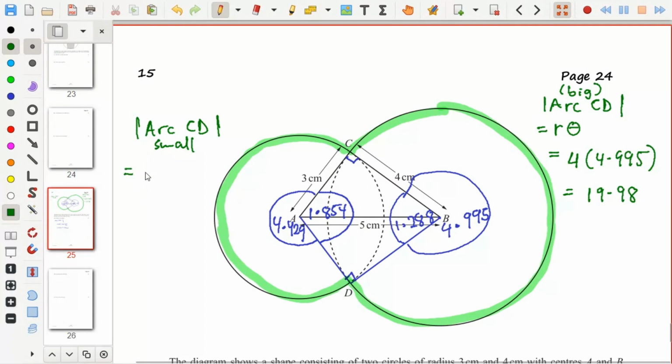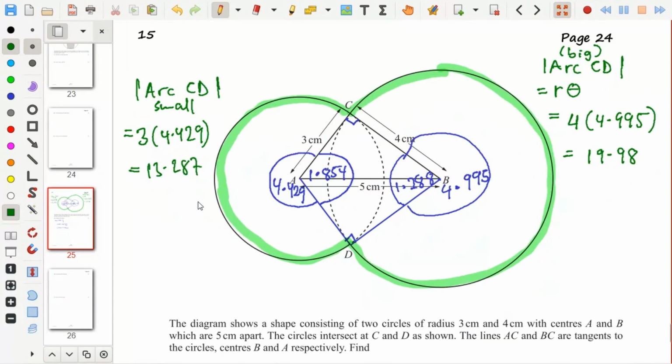The small one is r times theta. Your theta is 4.429. I'm getting 13.287. In my final answer, I can approximate.